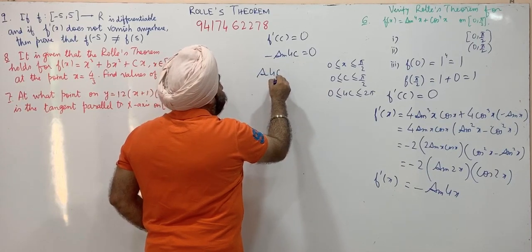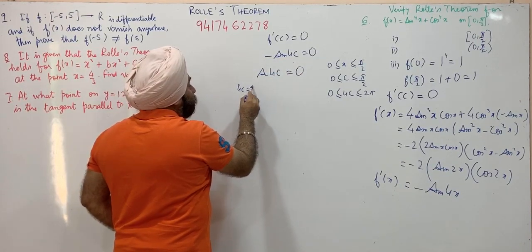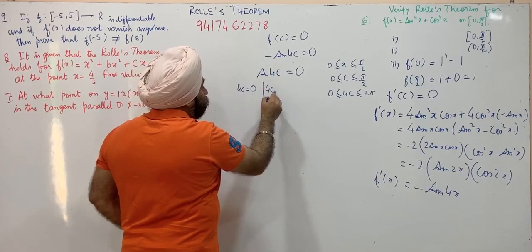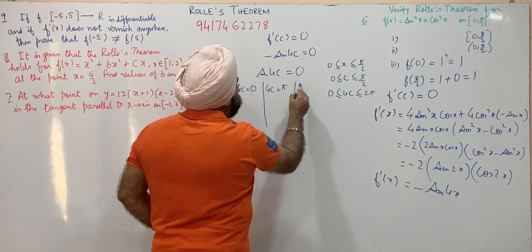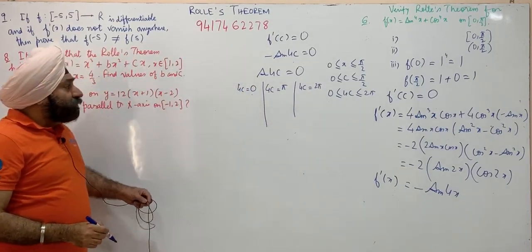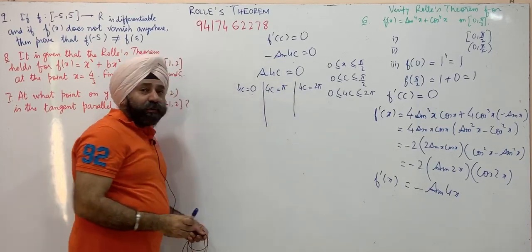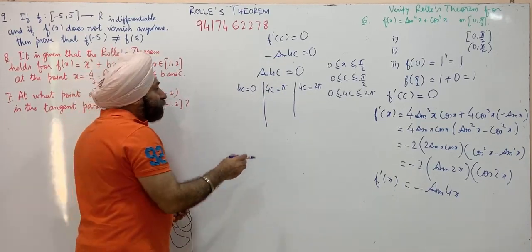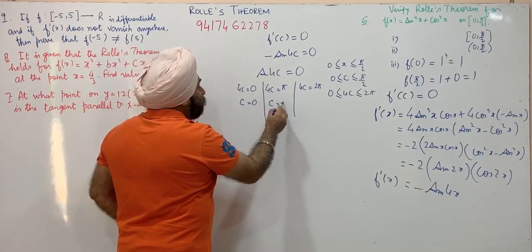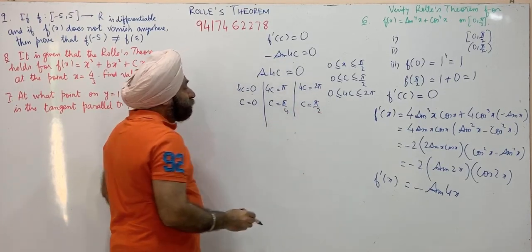So this means sine of 4c is equal to 0. This is 4c equal to 0, or 4c equal to pi, or 4c equal to 2 pi. The value of the sine function is 0 when the angle is 0, pi or 2 pi. From this we get the values of c. c is 0, c is pi by 4, c is pi by 2.